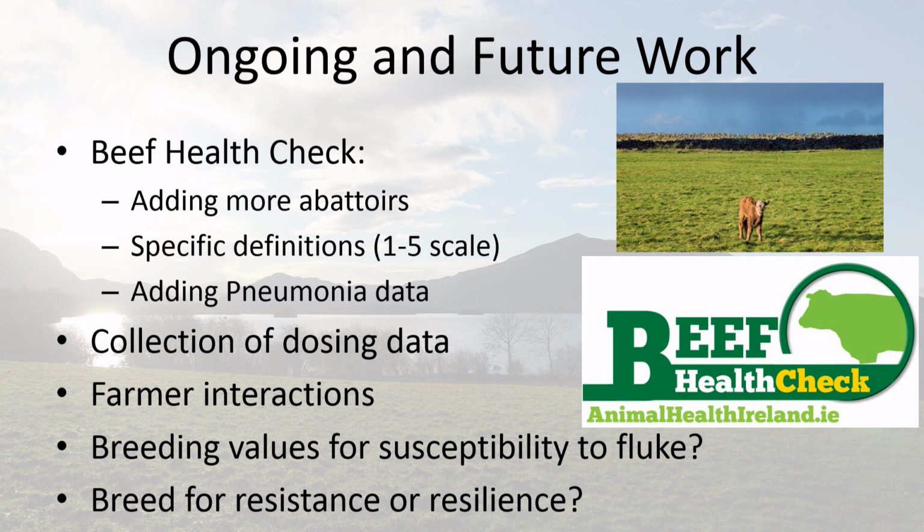There are flukes everywhere. So the question is, do we breed animals that are going to resist infection, or because it's such a problem, do we breed animals that, while they're going to be exposed to fluke, still perform well? This is one of the questions that I'm very curious about.